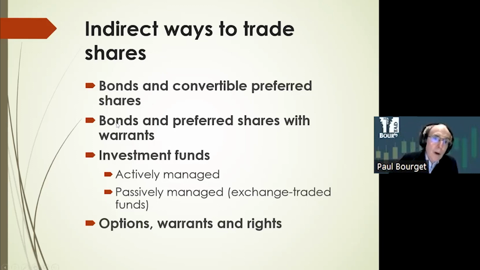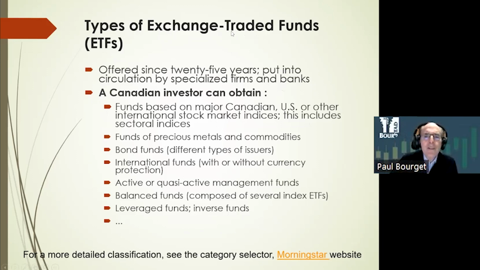Or you could buy options on the Montreal Exchange or warrants and rights on the stock exchange themselves, because if you don't obtain the warrants on the market by buying a new issue, you could buy the warrant on the stock exchange, because those holders that don't want to keep the warrant just sell them on the stock exchange.